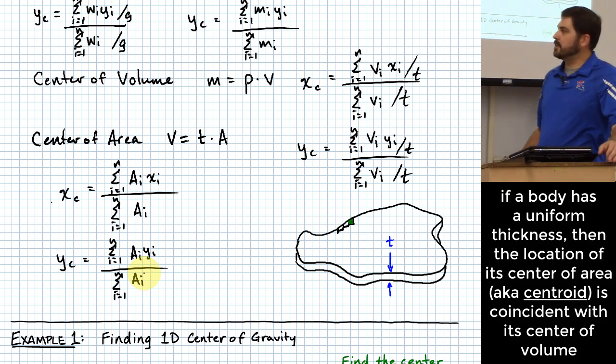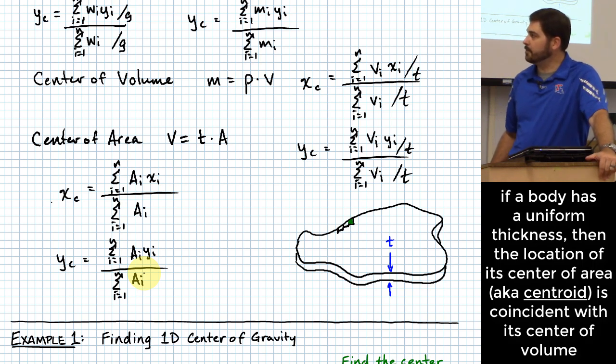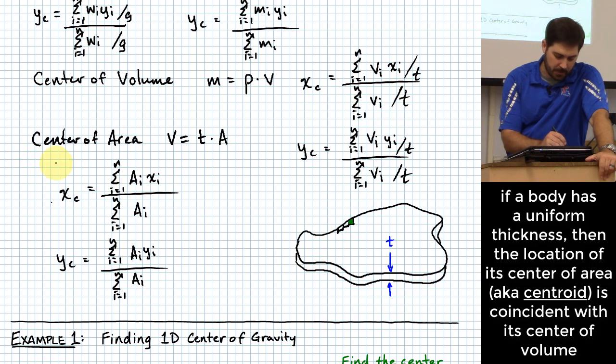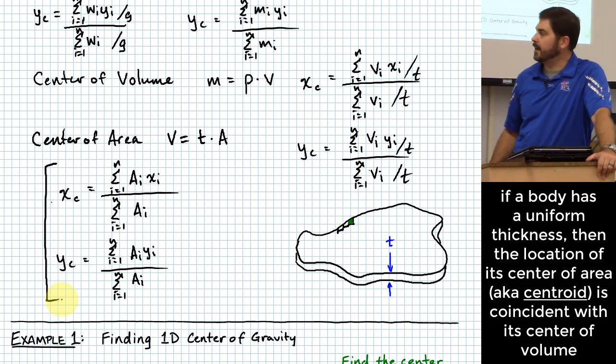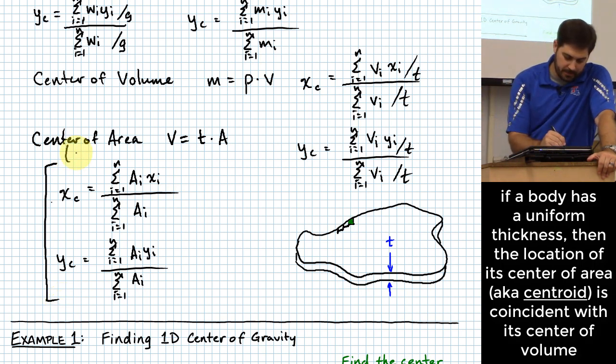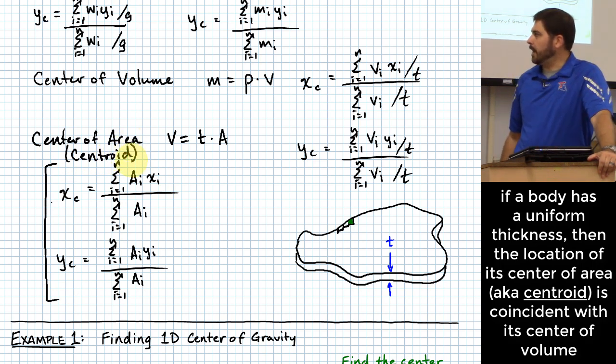And this is actually a set of relationships that I'm going to be using a whole lot in this class, especially this last one. This, by the way, is how we come up with finding another name for this center of area, which is called a centroid. Okay?